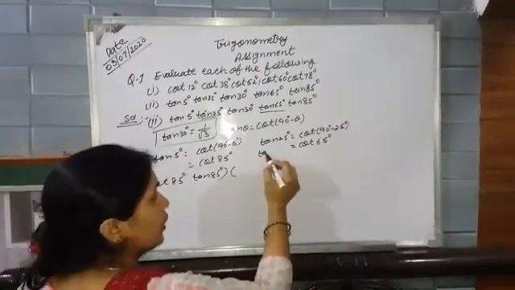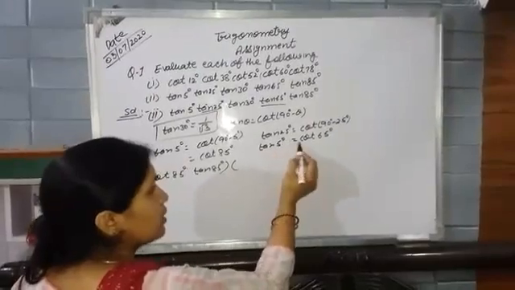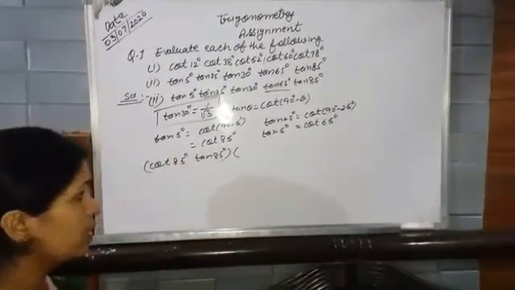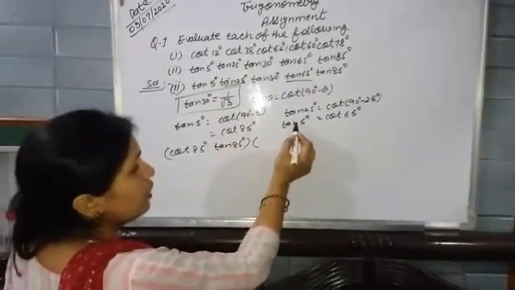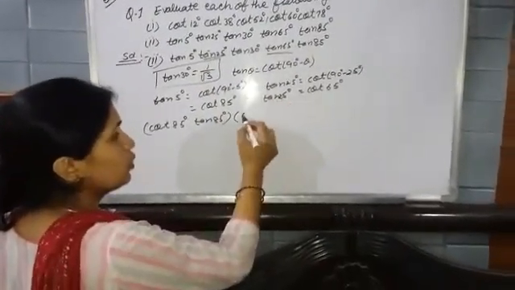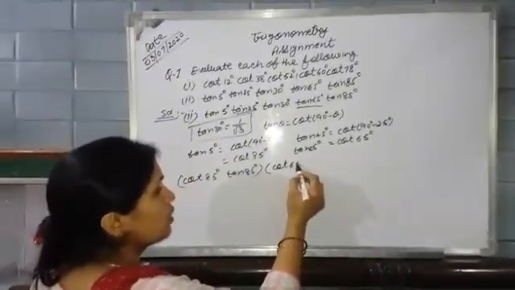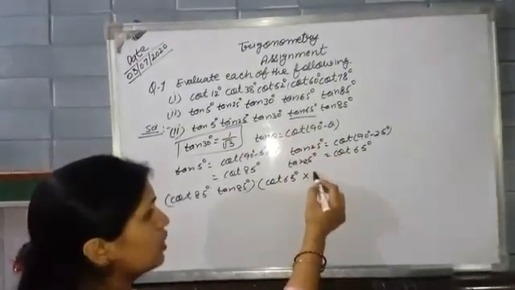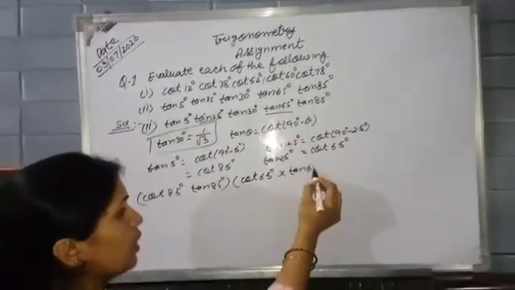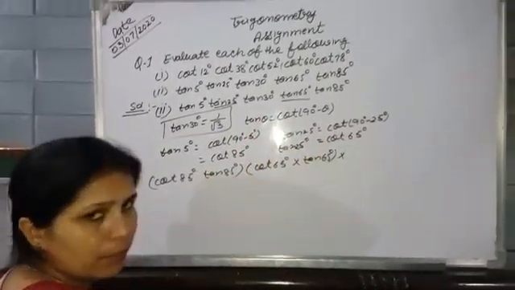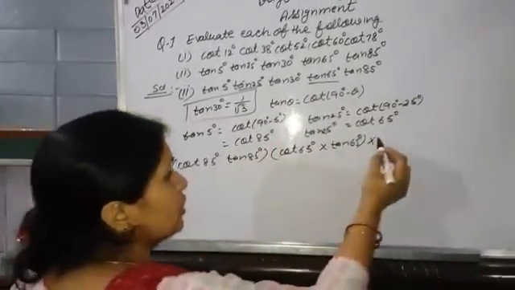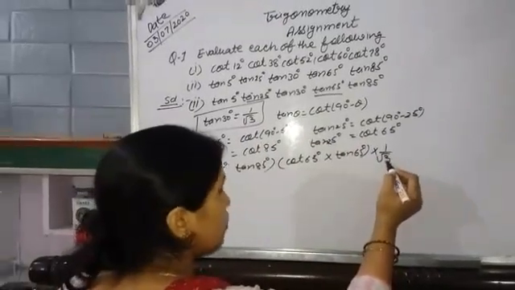So tangent 25 can be written as cot of 65 degree. Substitute this value here: tangent 25 degree equal to cot of 65 degree, and tangent 65 degree. But these terms are multiplied by tangent 30 degree. And what is the value of tangent 30? 1 divided by root 3.